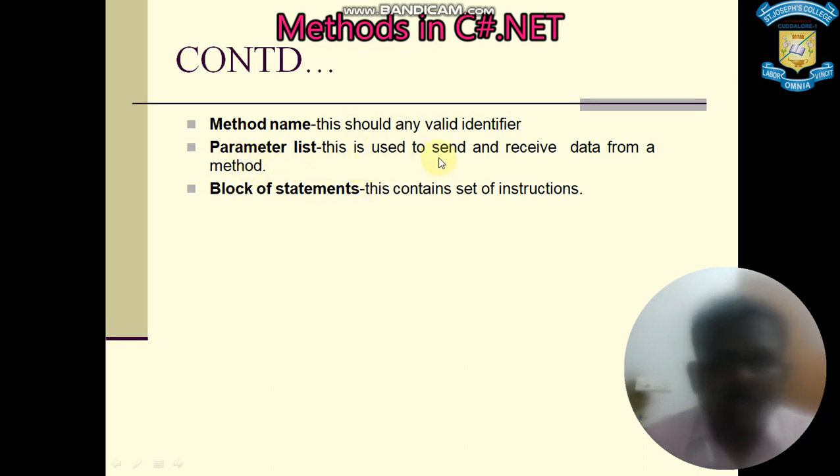Parameter list is used to send and receive data from a method. The user can have a parameter or be without a parameter. That's not a problem. The next one is block of statements. That is a set of instructions. That is our manipulation or logic.